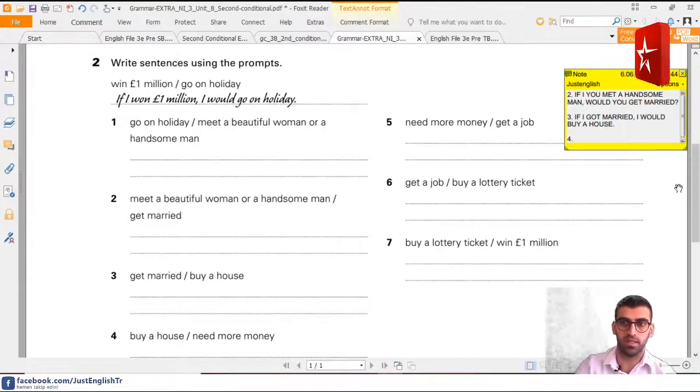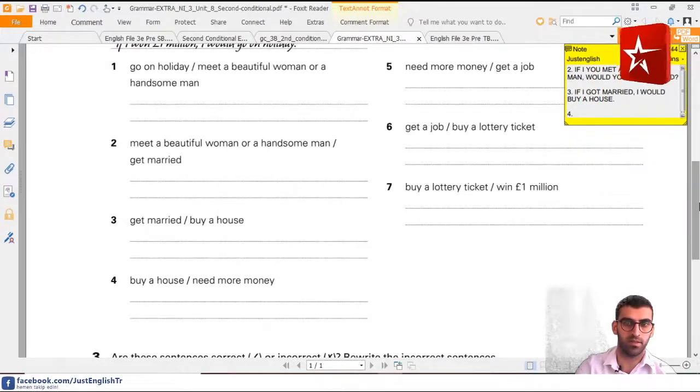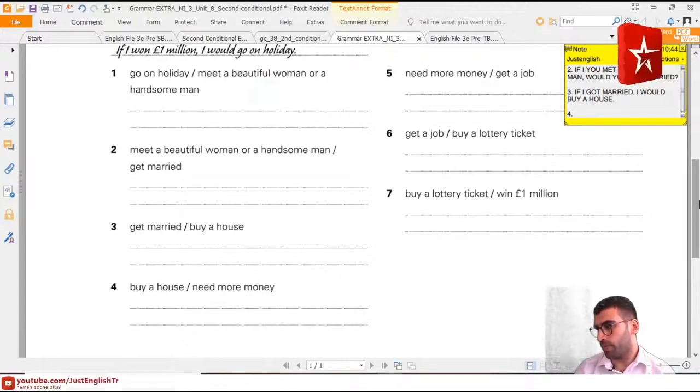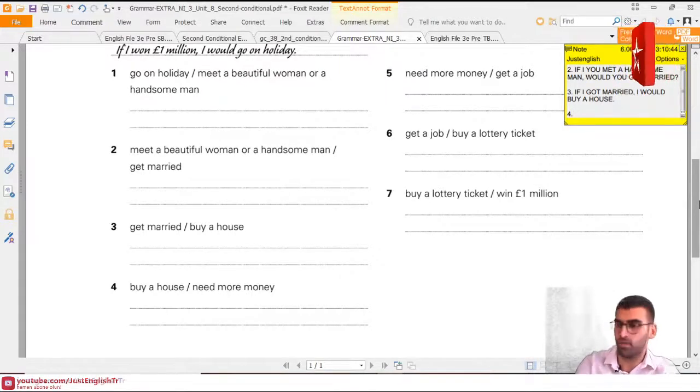Okay, number 4 is a little bit different. Number 4, buy a house, need more money. If I bought a house, I would need more money. Wow, Gülsafak. Yes, that's the correct answer.